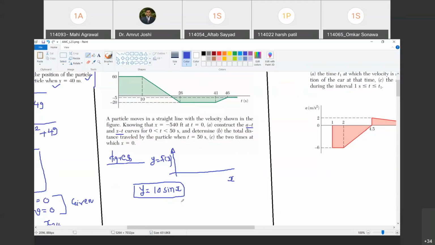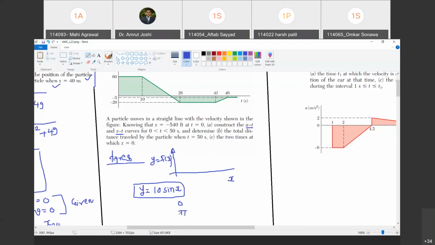Sine 0 is 0. Do you agree with me? Yes, sir. So at x equal to 0, y is going to be 0. Do you agree with me? Yes, sir. Sine pi, is it 0? Sorry, not 90.